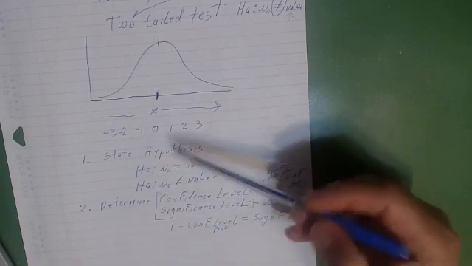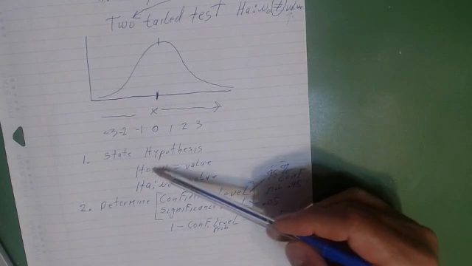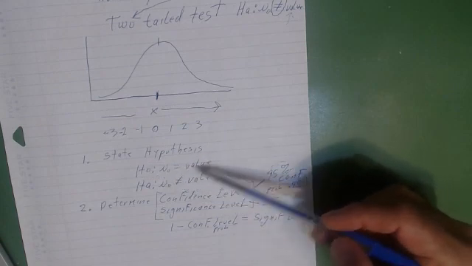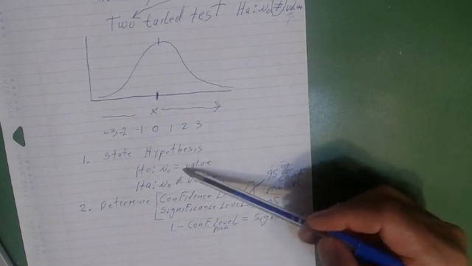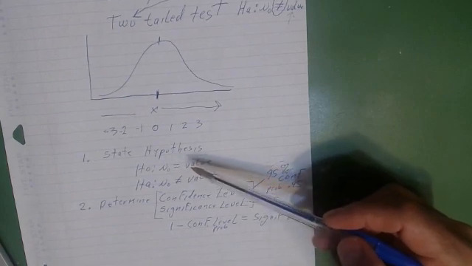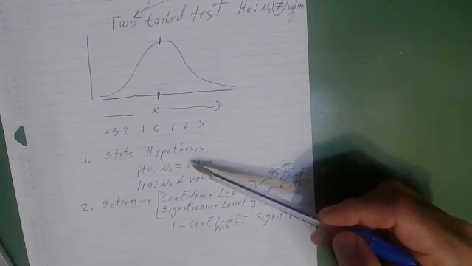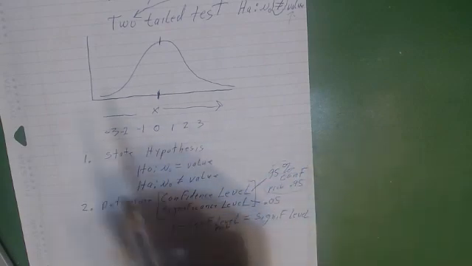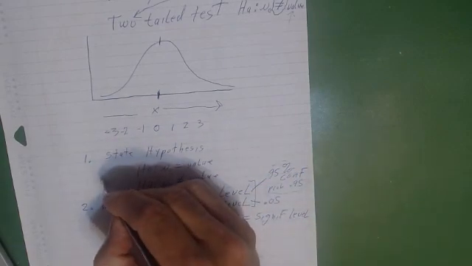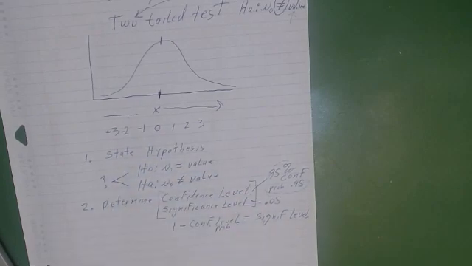So we're doing our test. We state what H0 is, what the value is that mu is supposed to equal. Then we're going to test that. We're going to go get a sample, and from our sample, we calculate a statistic, and the statistic is going to tell us which one of these hypotheses we're going to go with, right?